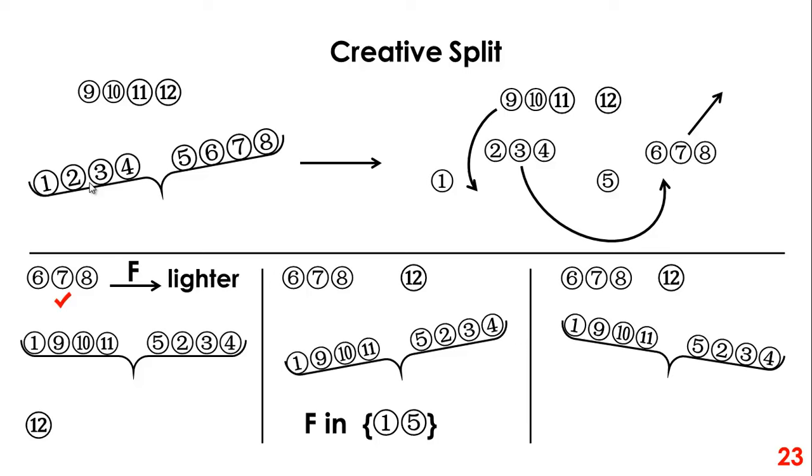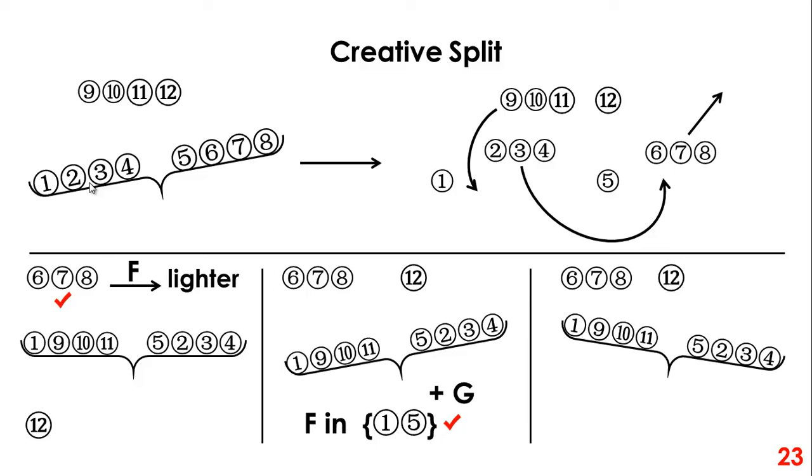The remaining group is 1 and 5, so F can only be there. For this case, because we have plenty of good reference coins, we just take one of them and we can solve this problem.